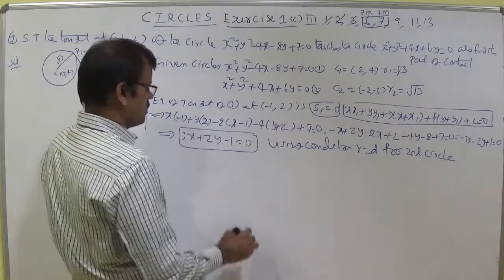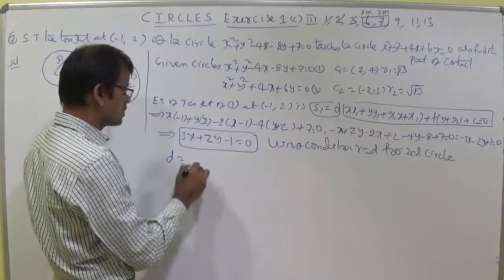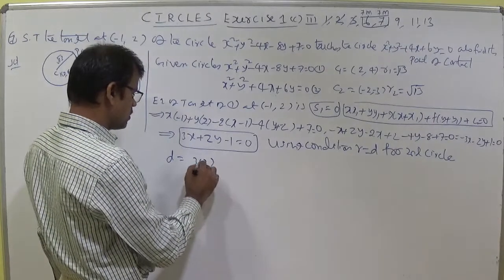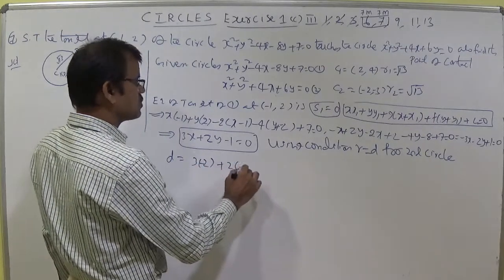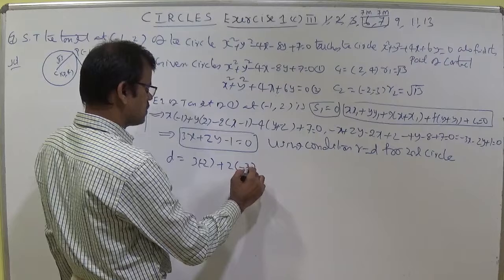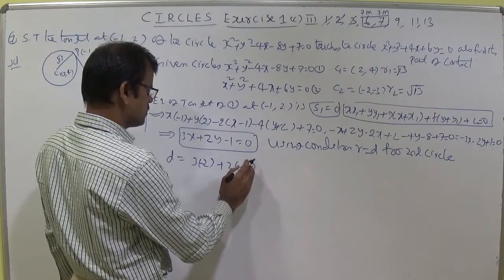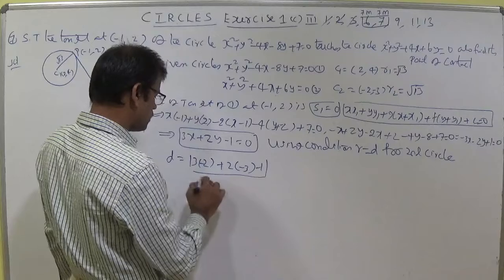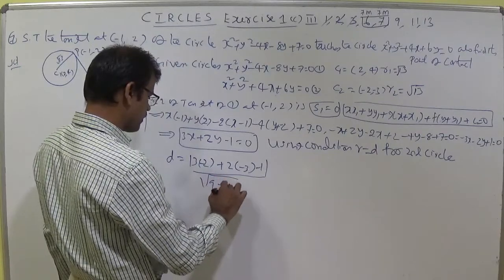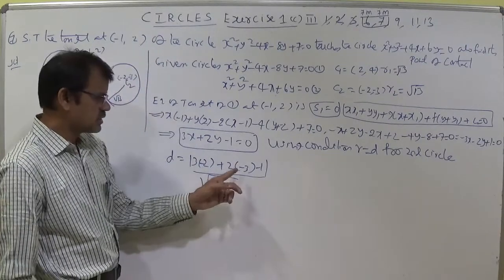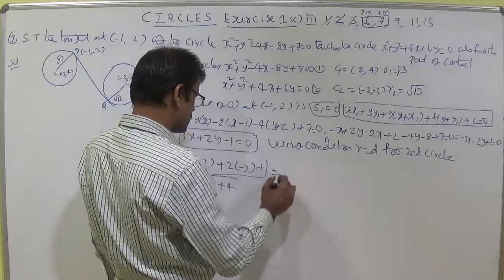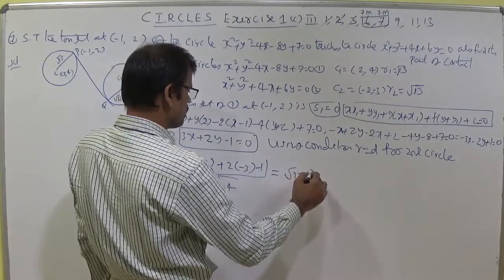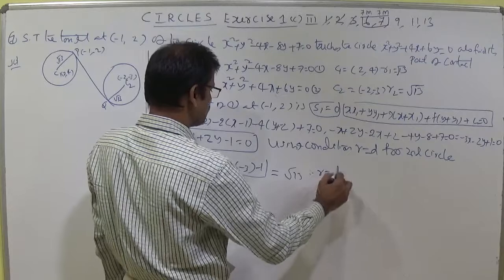What is d? The perpendicular distance from the center (-2, -3) to this line: 3 into -2 plus 2 into -3 minus 1, modulus, over root of 9 plus 4. This is -6, -6, -12, -1, -13, modulus 13 over root 13, which is root 13. Therefore, r is equal to d.